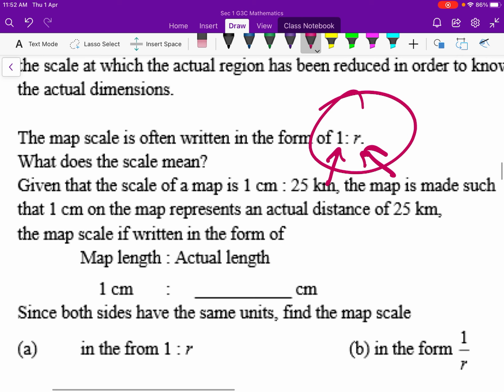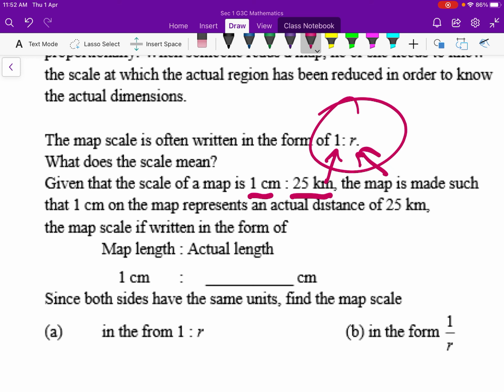So if we have a case of 1 cm representing 25 kilometers, 1 small cm represents 25 kilometers. Wow, that's very big. Then we write it down this way. 1 cm represents 25 km.